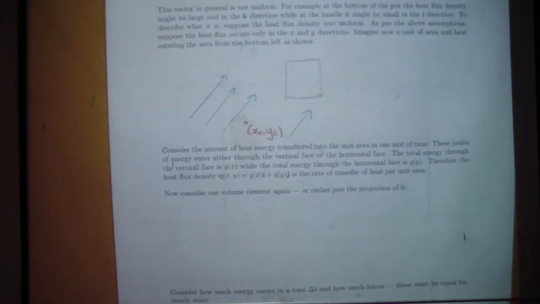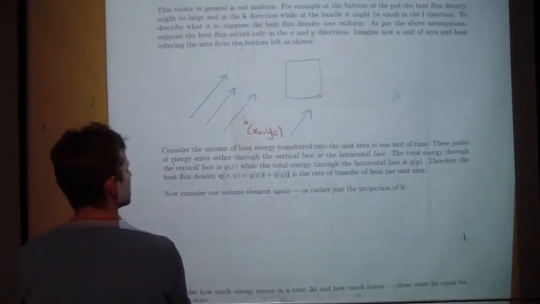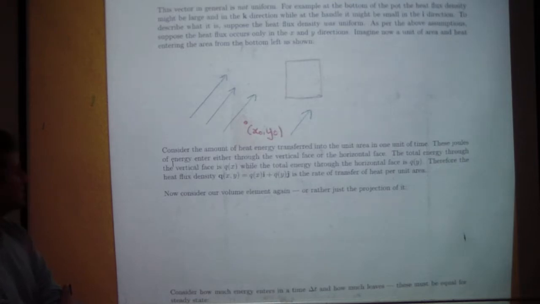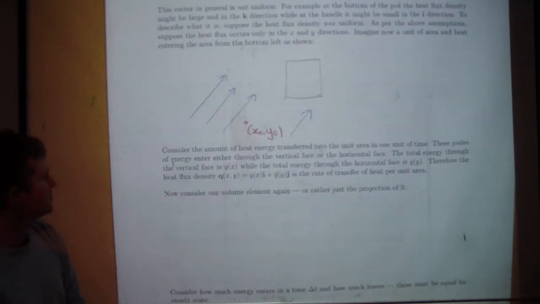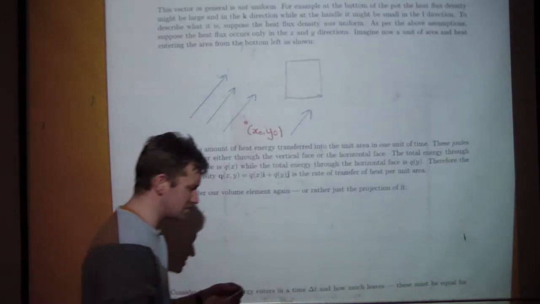Now, what are we going to do? So, consider the amount of heat energy transferred into unit area in 1 unit of time. These joules of energy enter either through the vertical face or the horizontal face. And the total energy through the vertical face is Qx, while the total energy through the horizontal face is Qy. Now, why is that?